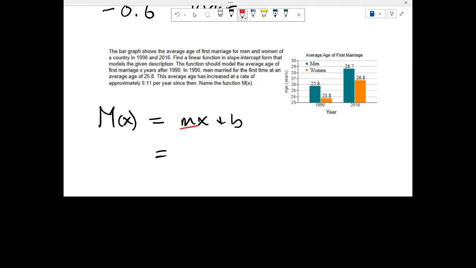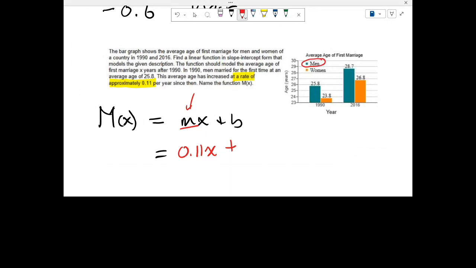The m, y'all, refers to the rate of change right here. The rate, 0.11. So what I'm going to do, y'all, is right here where that m used to be, I'm going to write 0.11, okay? Plus, okay, the function should model the average age of first marriage X years after 1990.